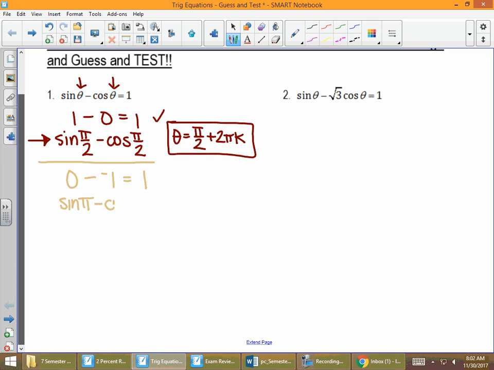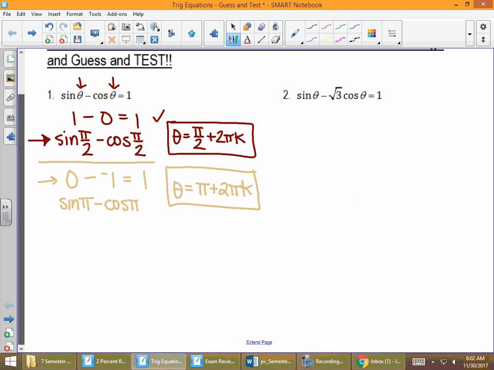I know you're thinking pi. So there is another solution. Those are the only 2 places on our unit circle where when we subtract sine and cosine, we're going to get 1. So you can see that this takes a little bit of guess and test.